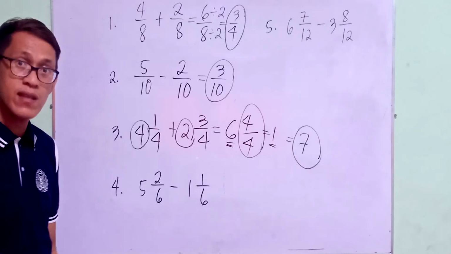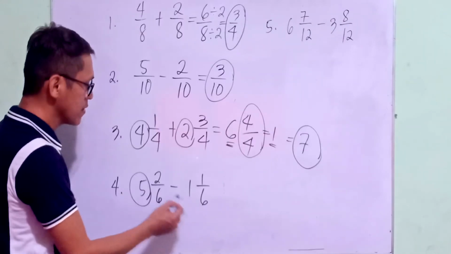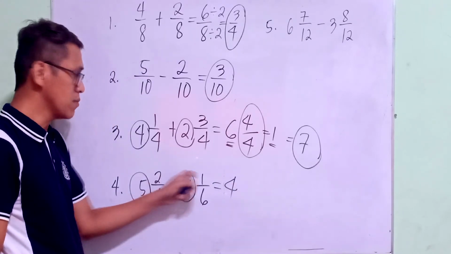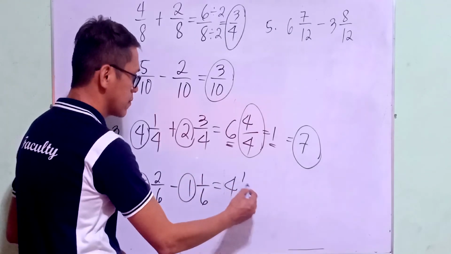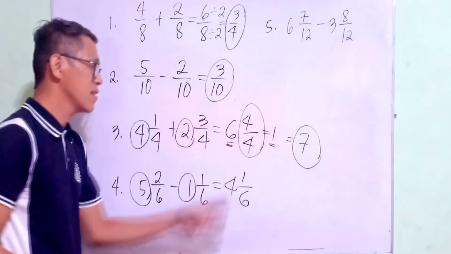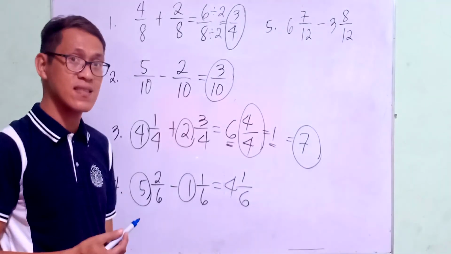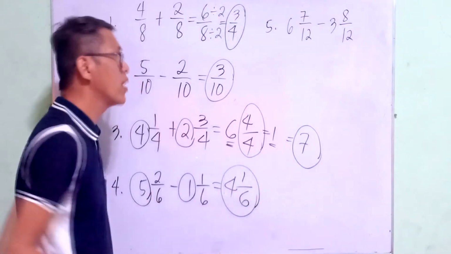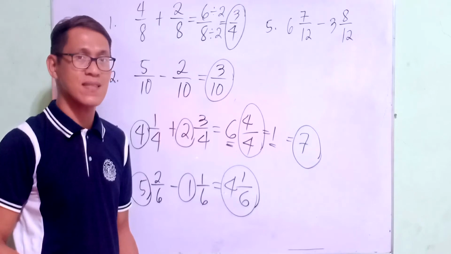So you start with the whole number. 5 minus 1, that's 4. Then 2 minus 1, that's 1. Then just copy the denominator 6. And it's very obvious, 1/6 is in simplest form. So our final answer is 4 and 1/6.